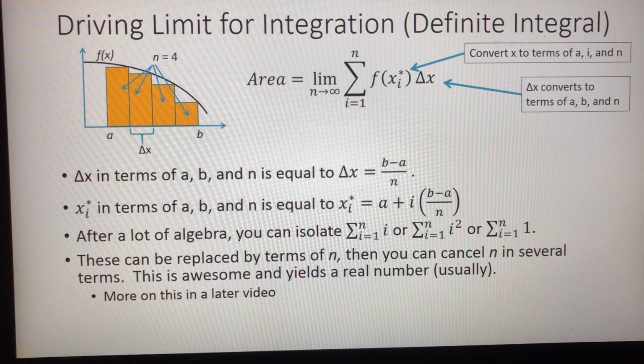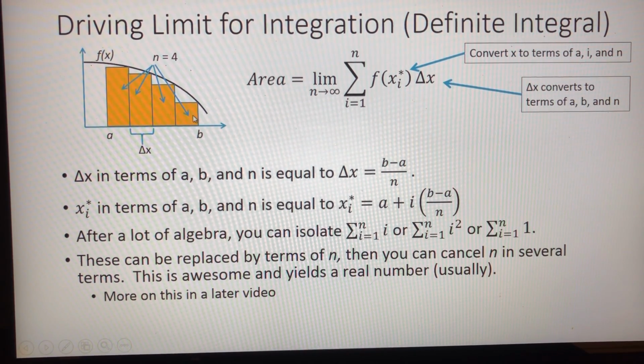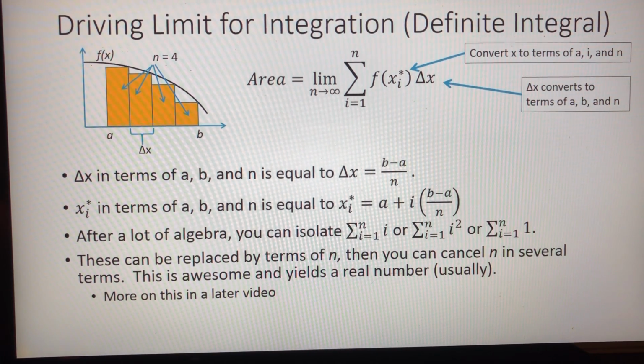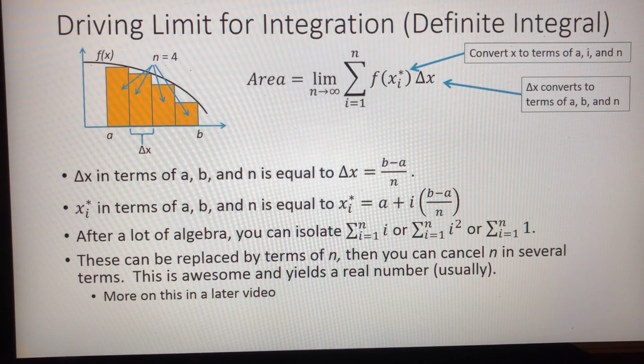Integration and using limits for integration in a definite integral. This is what I mean. A definite integral means it has a starting point and an end point, and you're trying to find the area under the curve for that particular region. So it's from A to B. I actually think they should start with this rather than derivatives, because understanding the importance of limits in integration was easier for me to wrap my head around.